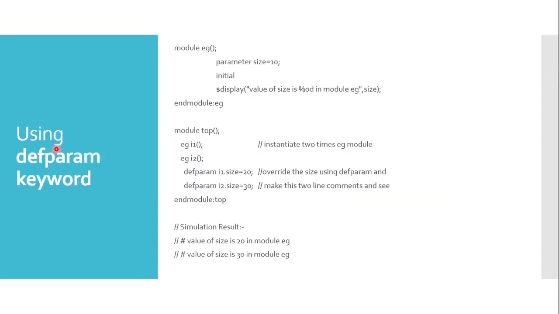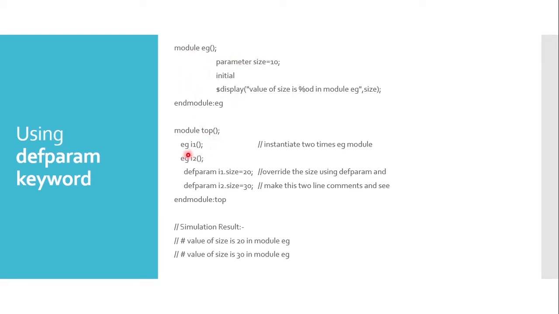Now this is the first code, parameter overriding using the defparam keyword. Here I have declared a module, example, endmodule. In that I have declared parameter size equal to 10, and within initial I am displaying the size of this parameter. And I am declaring another module, top.